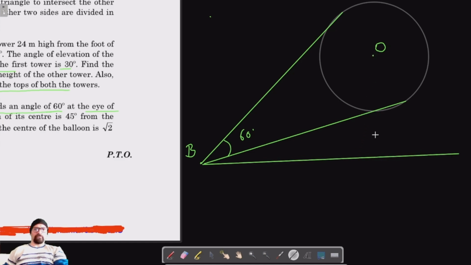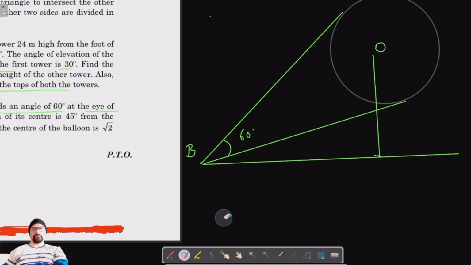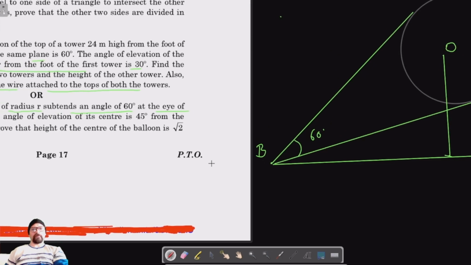Now, the height of the balloon from the ground is, let's say, this is the height of the balloon from the center, and this is, let's say, H. Let me just keep it as it is. So this is the height of the balloon from the center, from the observer's eye.